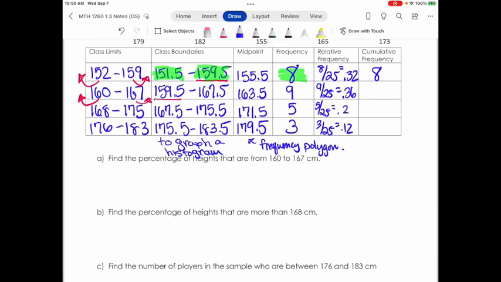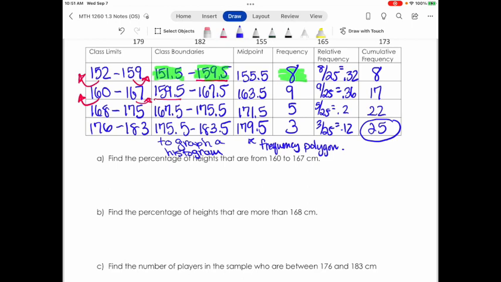So I would add 8 and 9. So that would give me 17. Then I would add in 5 on the next row, which would give me 22. And then I would add 3 in on the last row, which would give me 25. Now this value should always add up to the total number of data values that you have. Otherwise, you missed a value somewhere, you made an error.